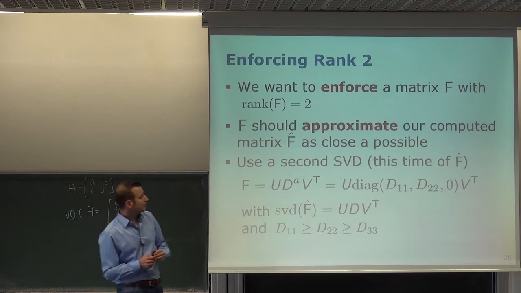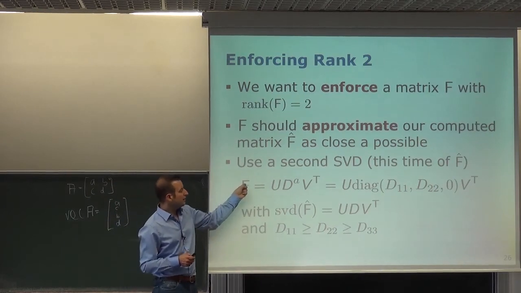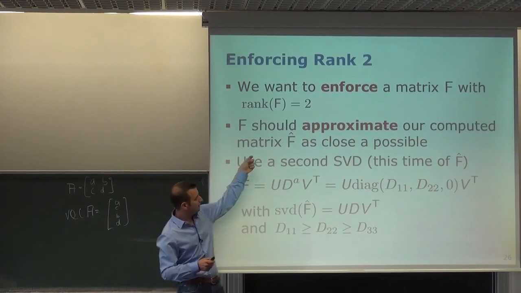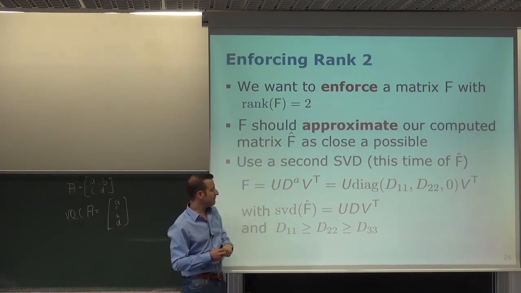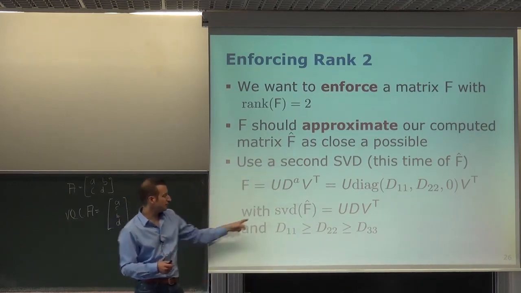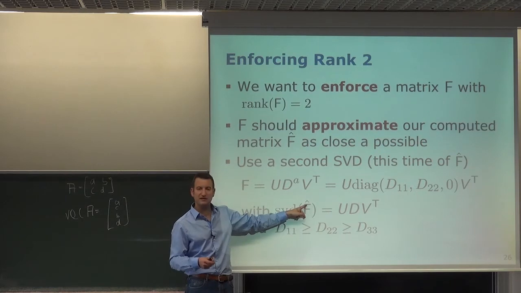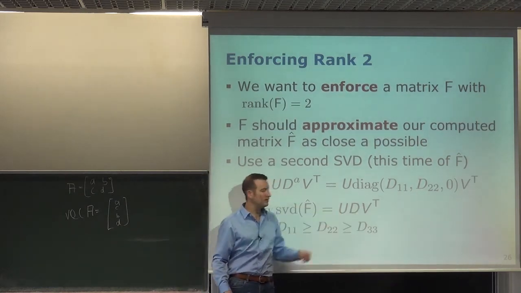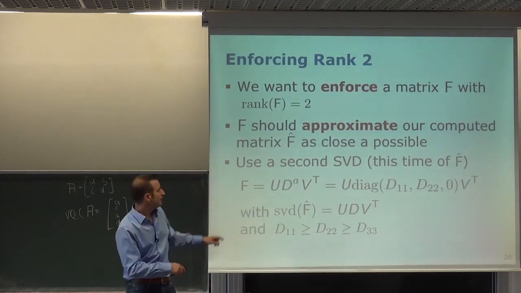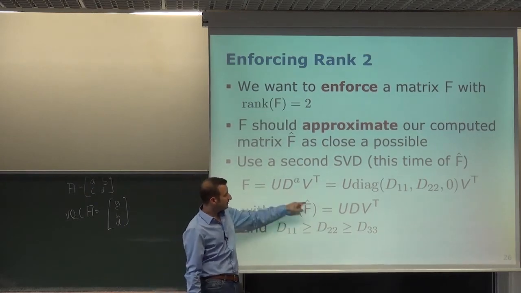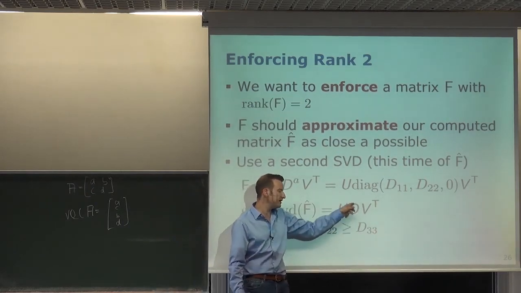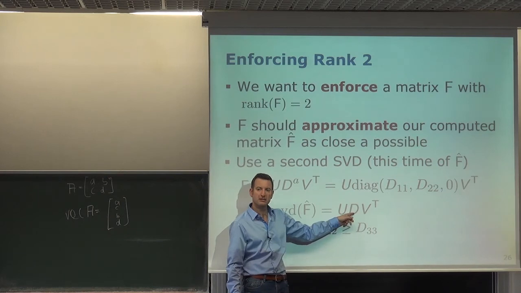So what we do is simply take our matrix F hat, and of F hat we compute an SVD, with U, D, and V transposed. Then we modify D by setting the smallest singular value to 0.